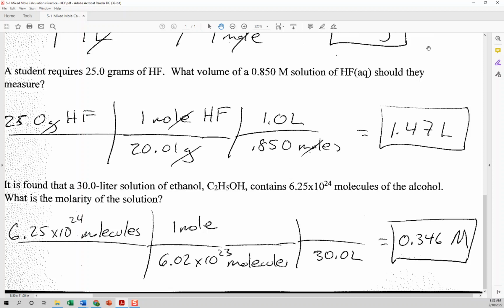All right, so you were warned in Unit 1, the sooner you understand dimensional analysis, the better, okay? So if you're still not there yet, we've got to get there. Dimensional analysis is not going away, okay? So keep practicing.